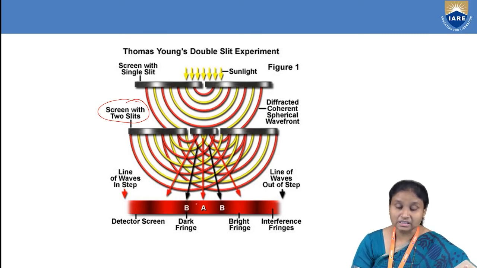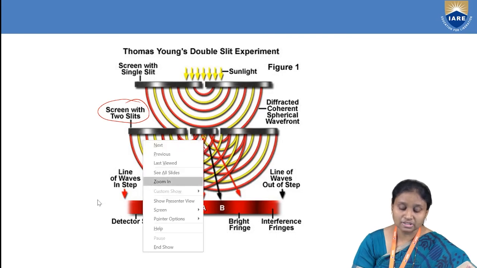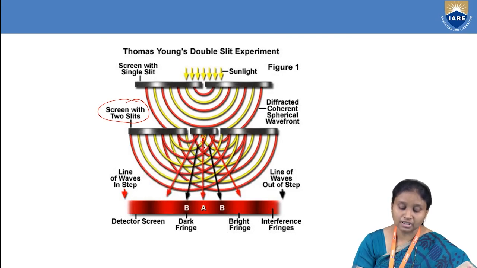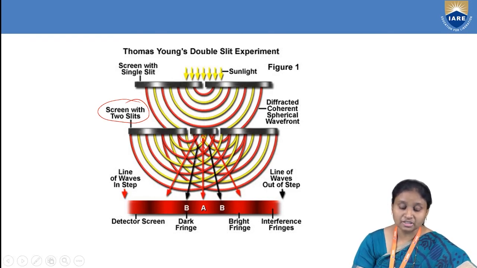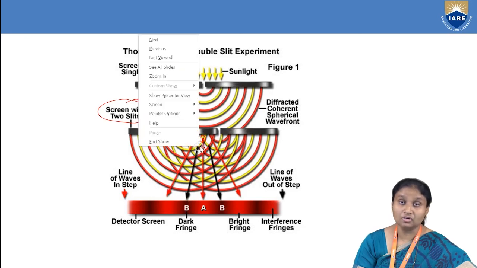Now here I have taken 3 points on the screen. If we take point A, how is this point A formed? If you consider all those points here, yellow is falling on yellow, red is coinciding with red, and then yellow with yellow, red with red. It means that crest is falling on crest, trough is falling on trough, so it will give rise to maximum intensity. So here you will have a bright fringe. Whereas when you go to a dark fringe, you can see yellow is falling on red, which means crest is falling on trough.